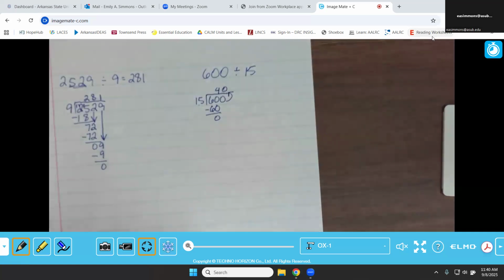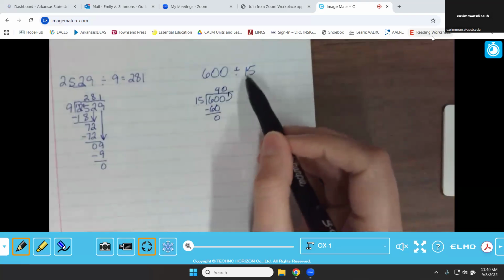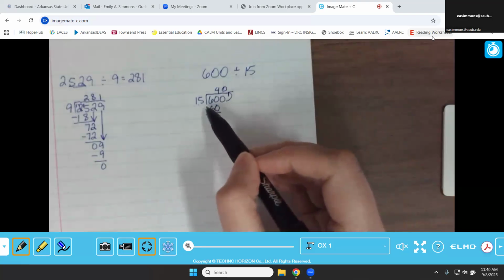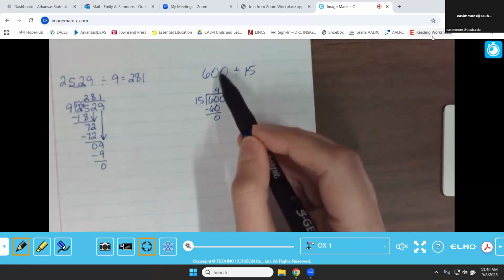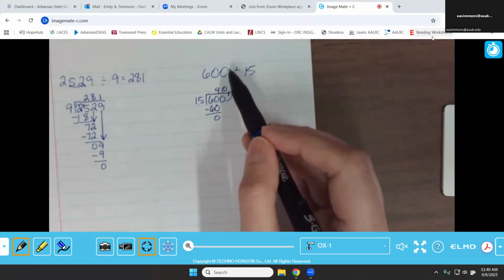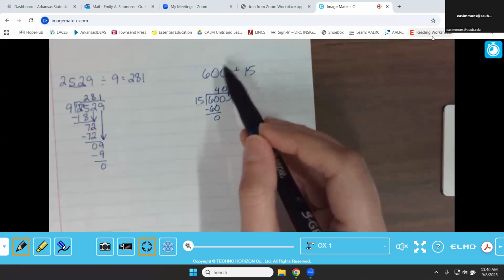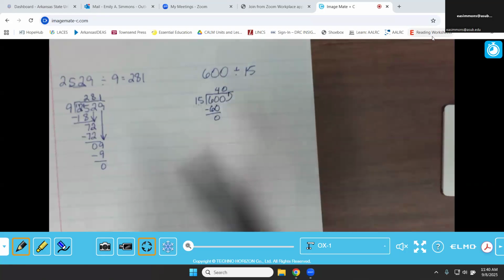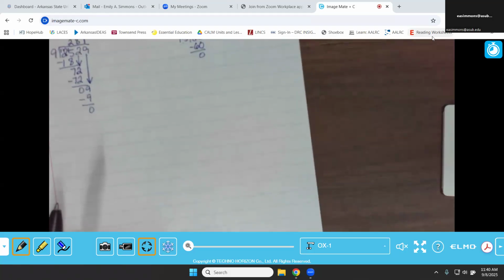And then how we might have done this in our head is we might have said, okay, I know 15 times 4 is 60. So 15 times 40 would be 600. Adding that 0 there.